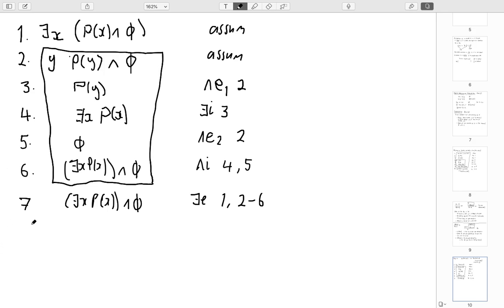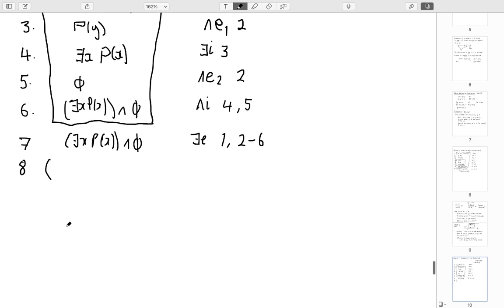So finally we can apply implies introduction, and we get the formula we want, which is that exists x px and phi implies exists x px and phi.